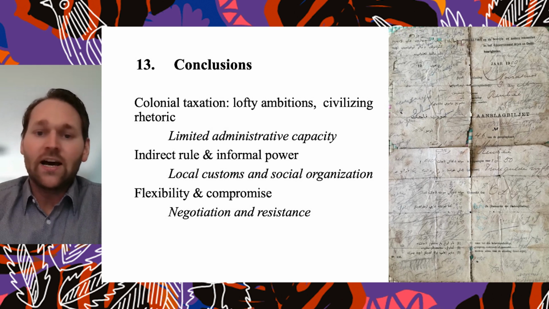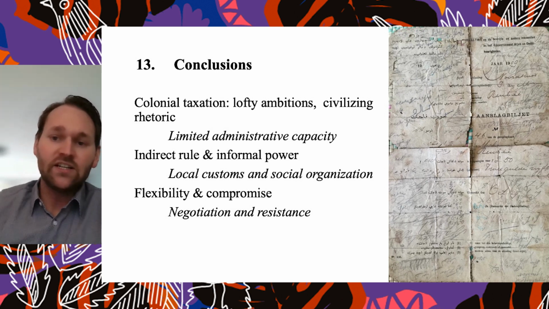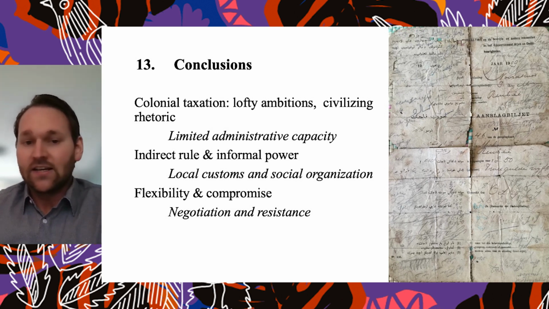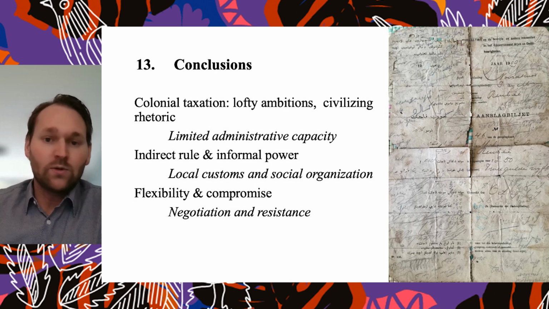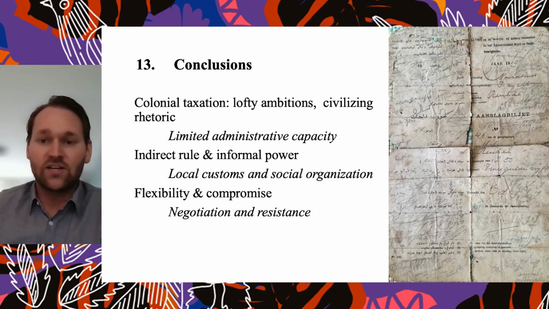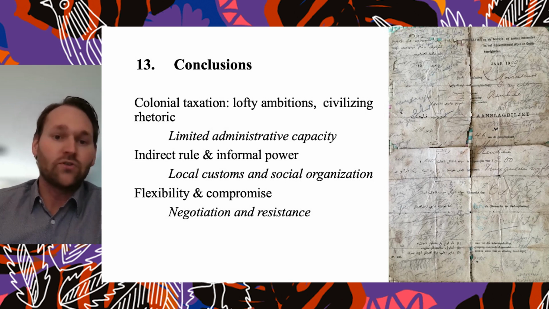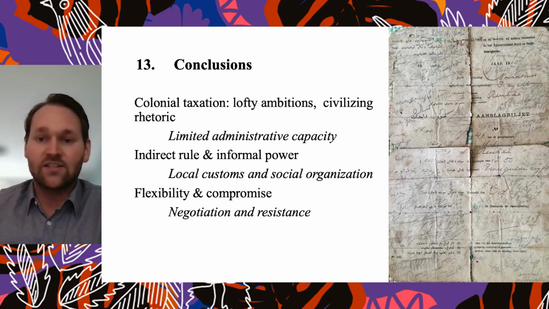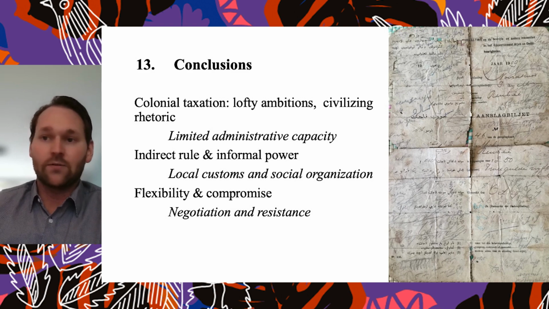So the case of Indonesia underscores that governance, even in colonial contexts, is often shaped by disputes between states, intermediaries, and subjects over fiscal issues. Taxation here serves as a platform to encounter, deflect, and contest the state in this gray scale between coercion, resistance, and voluntary compliance.